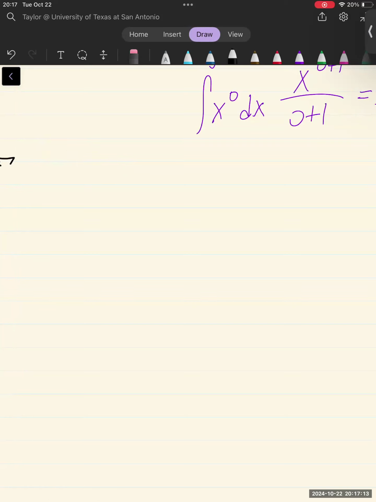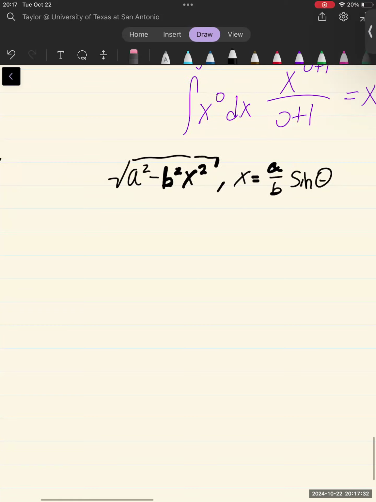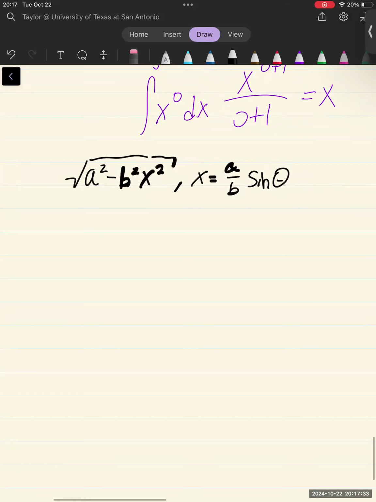If I have them in the form a squared minus b squared x squared, my x is going to equal a over b sine theta. And then the radical expression, this part here, is going to equal a cosine theta.